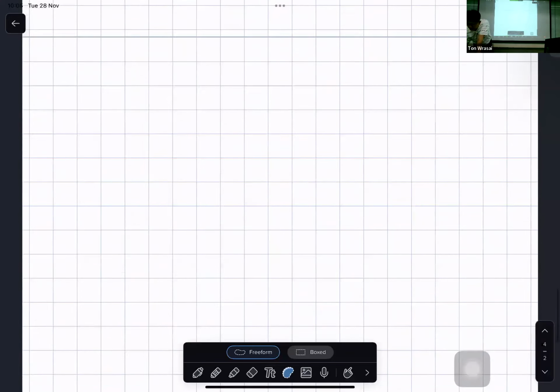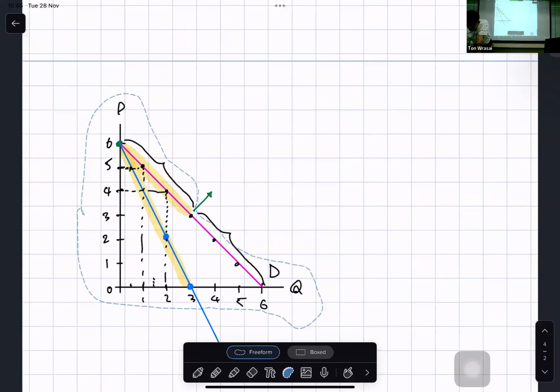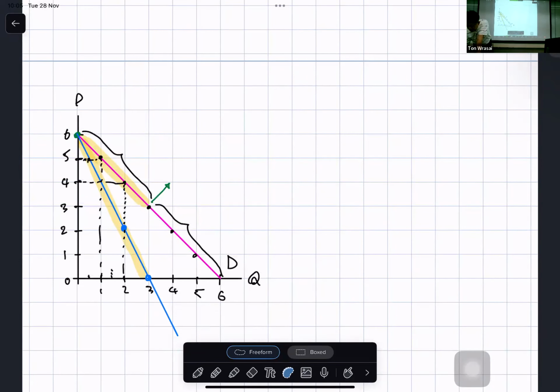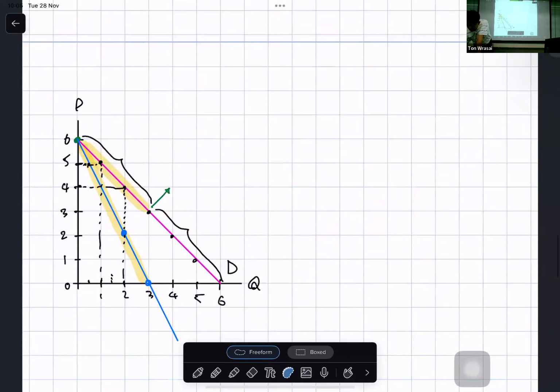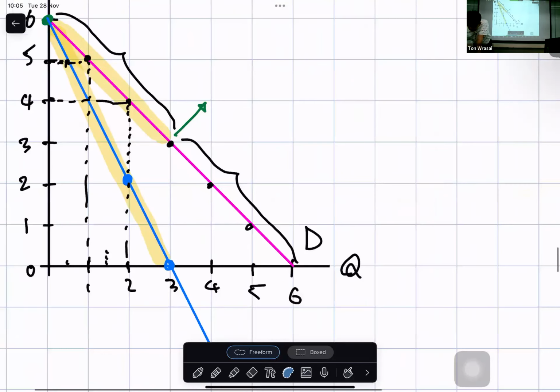Fact number 5. Can we use the same diagram but delete something that we don't want to talk about now?